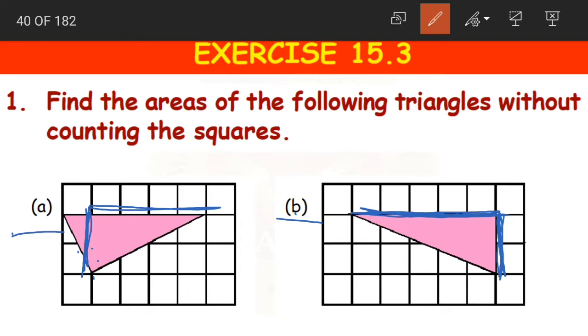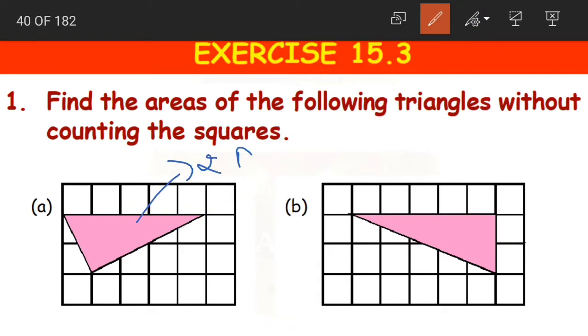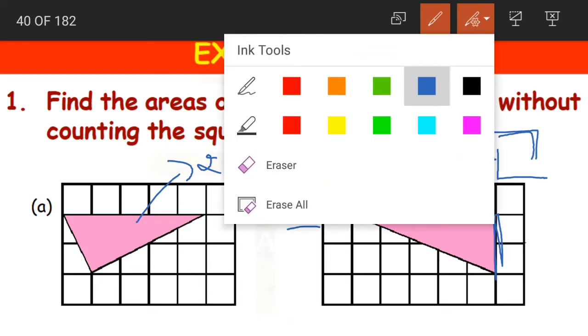So that is why, as we are not having this clear L shape, we have to divide this triangle into two triangles. Whereas for triangle B, we need not divide the triangle into two triangles. Understood, children? You have to look for this L shape, like this or like this. So one should be like this and the other should be like this.